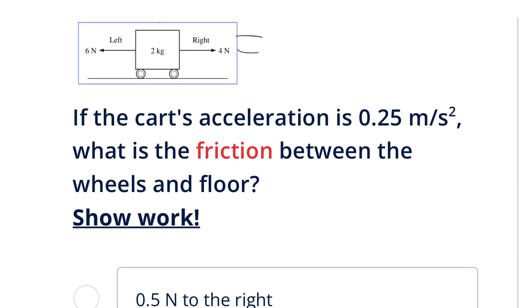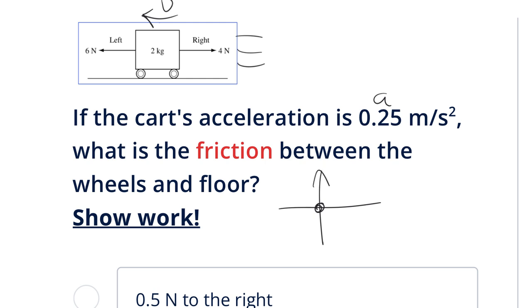So the cart's moving to the left. Okay, that's not a force vector. That velocity is just showing that it's moving to the left. Okay, the acceleration is given. What is the friction between wheels and floor? Okay, so draw a free body diagram first.